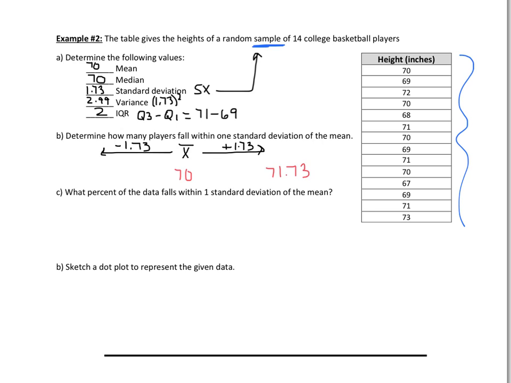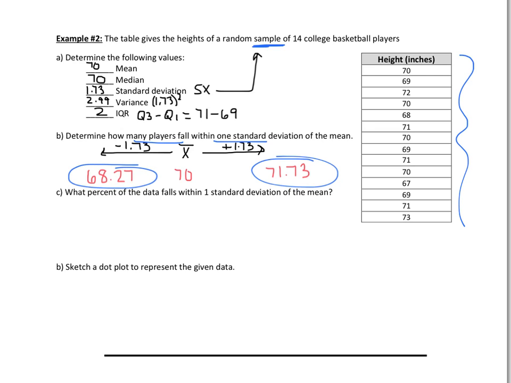So take 70 and subtract 1.73, and you should get 68.27. So if we want to find out how many players fall within 1 standard deviation of the mean, we have to account for 1 full standard deviation above and 1 full standard deviation below. And 1 full standard deviation is 1.73. So we're looking for values between these two endpoints.